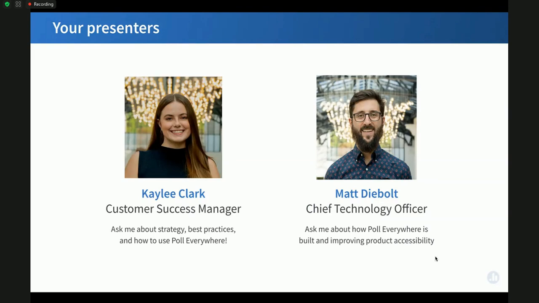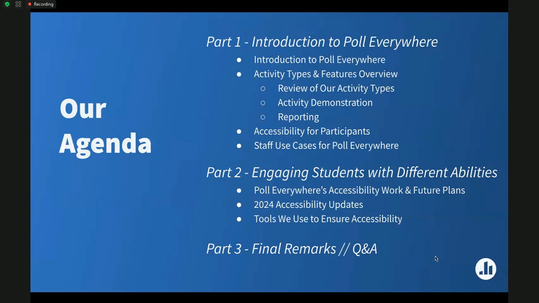So today we're going to go through a couple of things. First, we'll go through an introduction to Poll Everywhere, just the activity types and features. We'll go through a couple of specifics and we'll actually see an activity creation live. And then we'll go through some accessibility for participants as well as staff use cases.